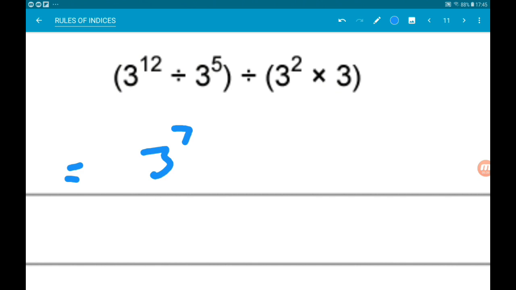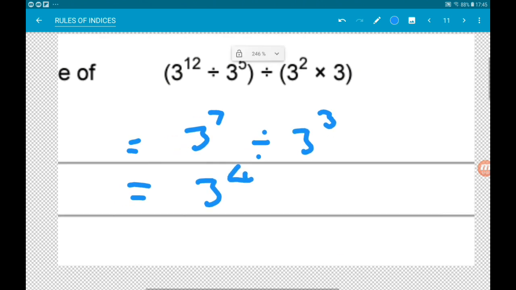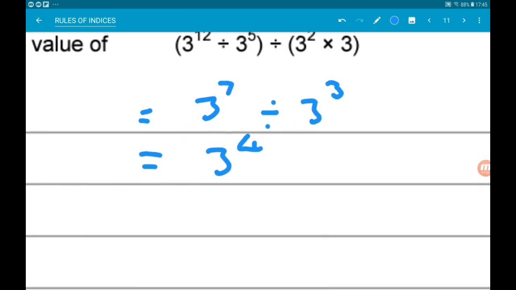And then we have divided by, so we don't need the brackets anymore, divided by 3 squared times 3. 3 squared times 3 is 3 to the power 3. Now that then means 3 to the power 4. And when they say work out the value, they mean they want it as a number without a power. So 3 times 3 is 9, times 3 is 27, times 3 is 81.